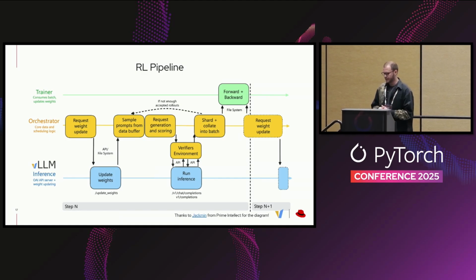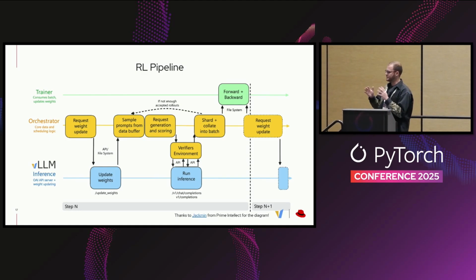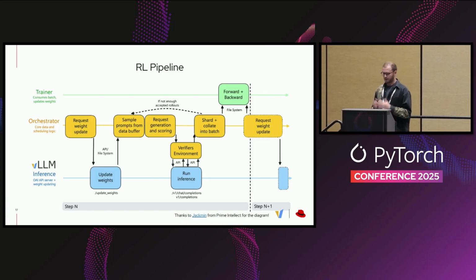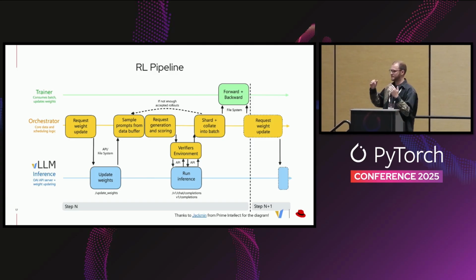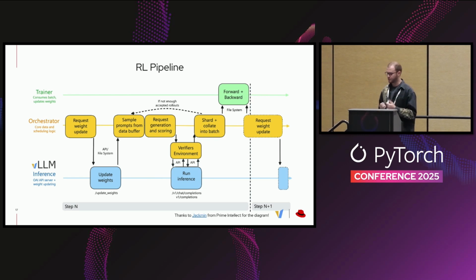And here we have a pipeline where we zoom into this a little bit more and see these separate processes or hardware that may be running. Again, as I talked about here, the orchestrator requests updating the weights. The inference server updates its weights. And then we submit some prompts from our batch or our training set.